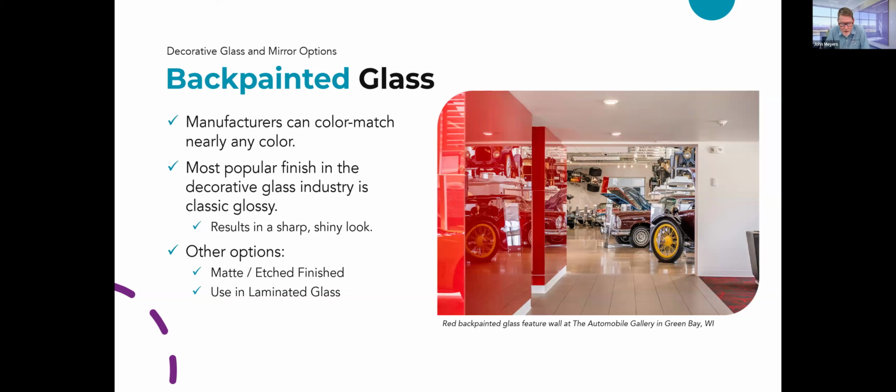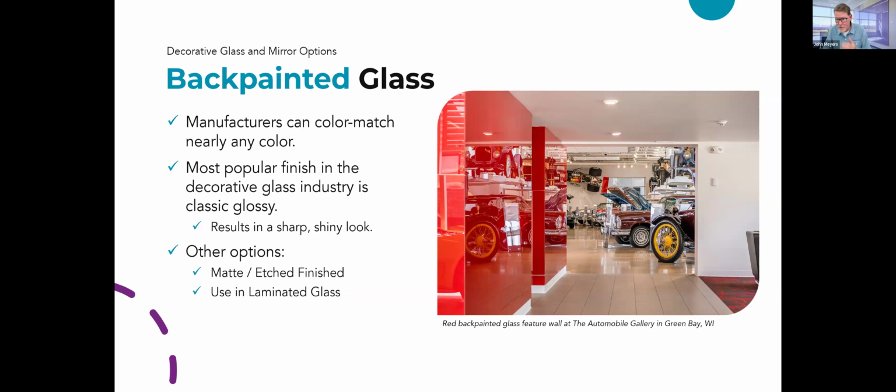The most popular finish in the decorative glass industry is the glossy finish. It results in a sharp, shiny look. Leading manufacturers can color match nearly any color, making the color options limitless. Pantone, Benjamin Moore, Sherwin-Williams, and on and on. Any of those colors can be matched.